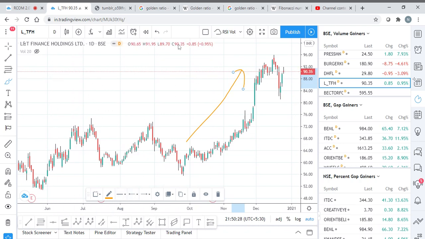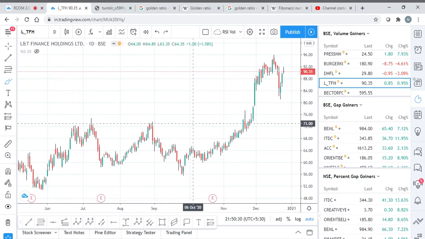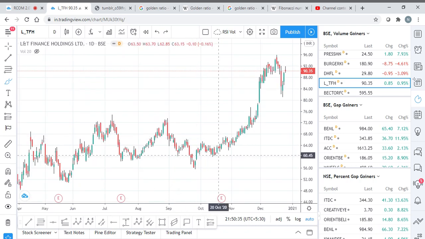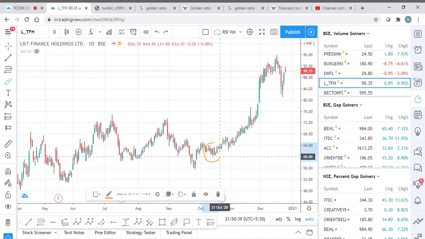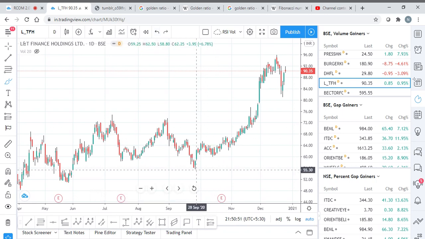Another tip I want to give here is regarding plotting the levels, or plotting retracement. Finding out this one would be the possible swing low, not this one. That's something that you would get to learn, because this is majorly used in Elliott wave and harmonics Fibonacci levels.